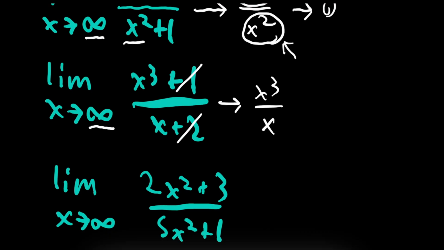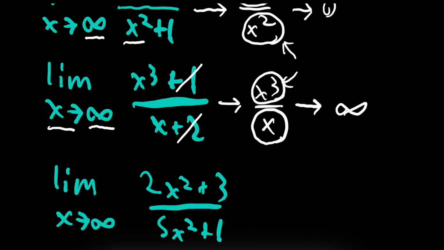And you can see from this power right here that our numerator up here is going to have a much higher power, or a much higher degree, in comparison to our denominator. So as a result, this will end up being unbounded. It'll end up approaching infinity as x approaches infinity, because it'll behave similarly to x squared.